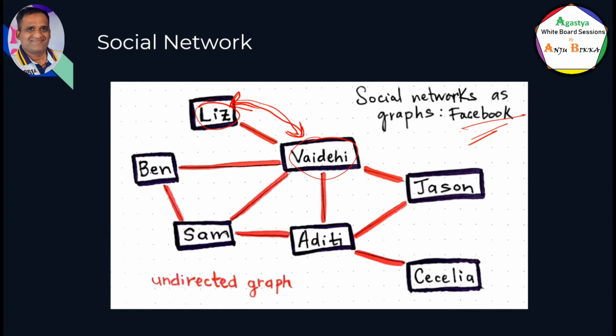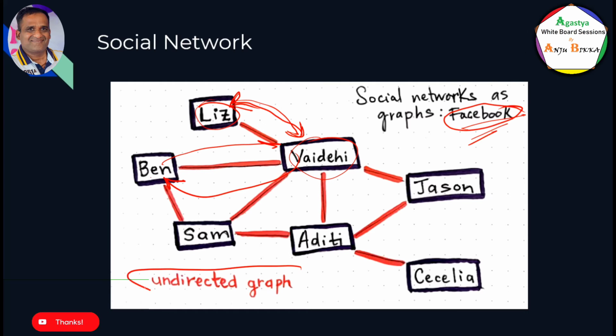So if there is a connection between Ben and Vaidehi, it doesn't mean only the connection from here to here. No, there is also a connection from here to here. It means Facebook is represented by using an undirected graph. The same like Sam and Aditi, it can travel from here to here or from here to here.